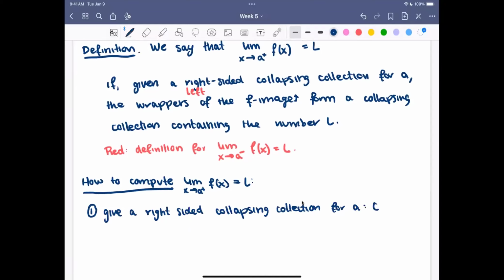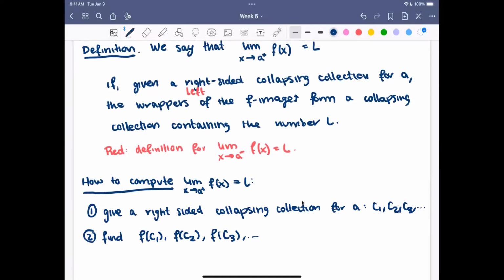So let's say this is c1, c2, c3, and so on. Then the second thing that we need to do is find the images. So find f of c1, f of c2, f of c3, and so on.